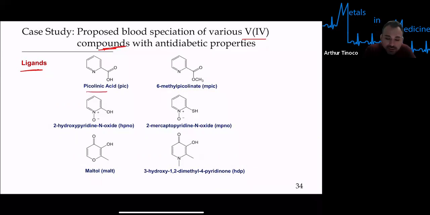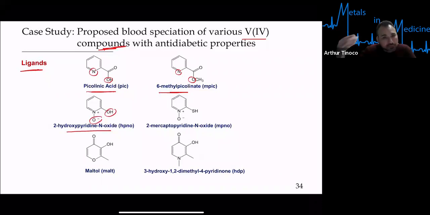So let's look at these ligands and their coordination modality. You have here picolinic acid, abbreviated as PIC. It has the bidentate capability. And then you have a derivative of that, the 6-methylpicolinate, also bidentate. You have the 2-hydroxypyridine N-oxide that has that bidentate capability as well.